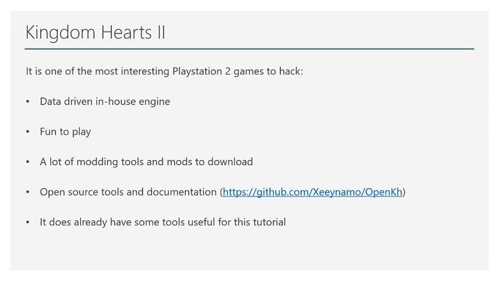The main reason is that the game is very data driven, using its in-house engine from Square Enix, where even how the enemies or the bosses of the game work is not coded inside the executable, but is coded using some kind of pseudo programming language called AI inside the game files. So basically the executable of the game is just a raw game engine and does not contain any logic. So in theory, as long as we have control of the files, we can do whatever we want.